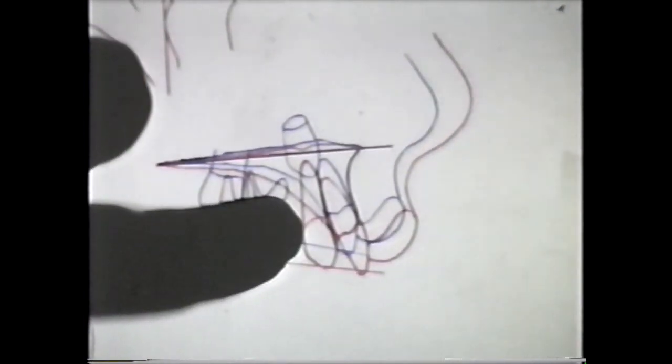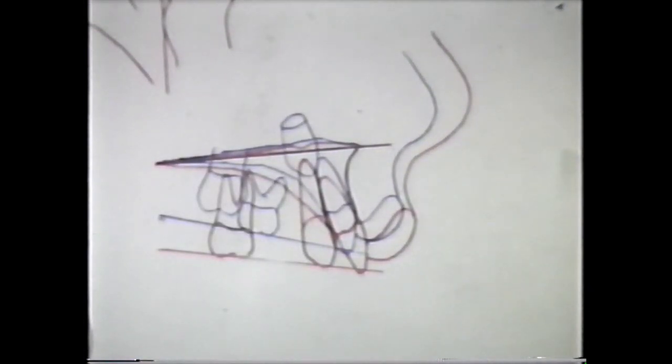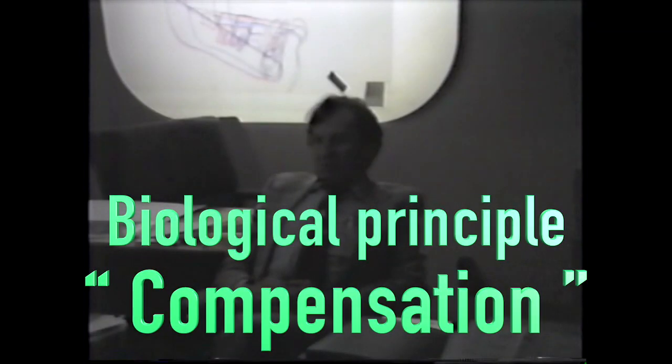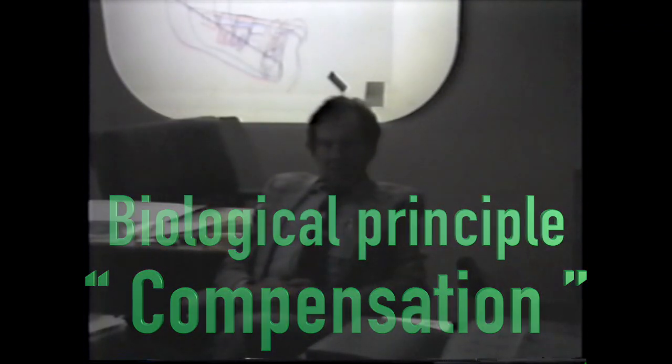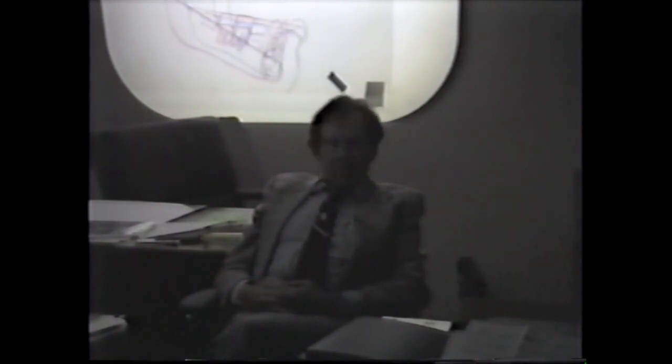Just as we had seen before, the upper teeth migrate forward in development naturally. Logic tells me that one of the factors here is the forward growth of the mandible. We use the word compensation, as I explained to you. Compensation means that something is making up for something else.